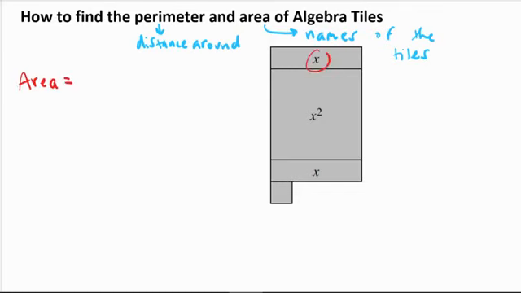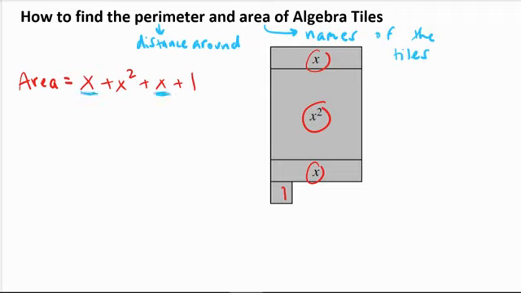So I have an X tile, I have an X squared tile, I have an X tile, and then I have a unit, which is just 1, so put +1. And then remember, when you're finding the area or perimeter or anything with variables and numbers, you want to try to combine like terms as much as possible. So these are both x's.